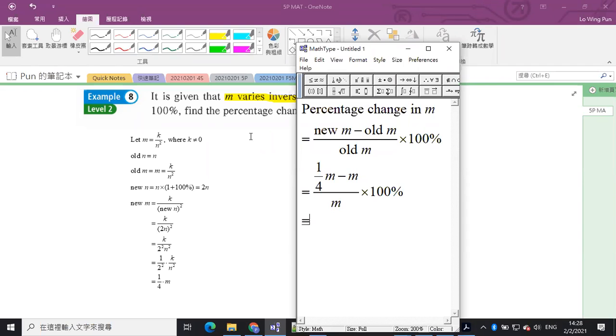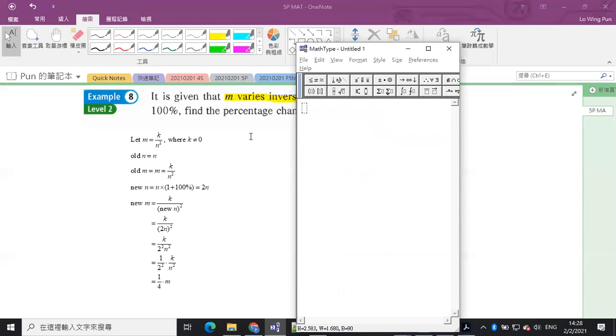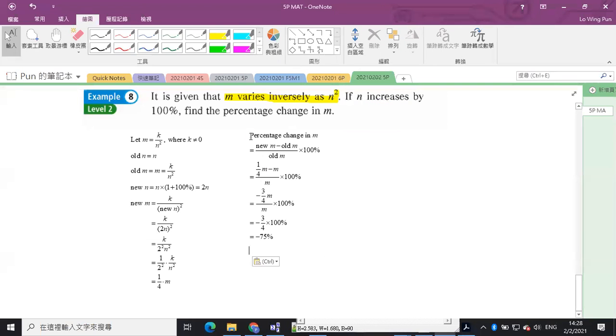And then 1 over 4 m minus 1 m is actually equal to negative 3 over 4 m, over m times 100%. And the m and m will be cancelled by each other. So what is remaining is just negative 3 over 4 times 100%. You just multiply the numbers together and you get negative 75 percent. So that is the required percentage change in m.